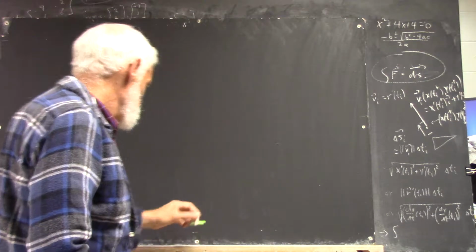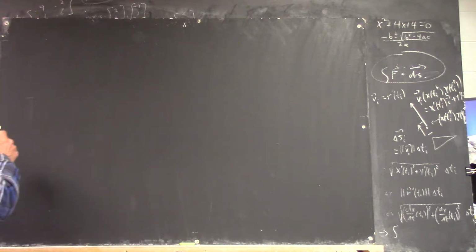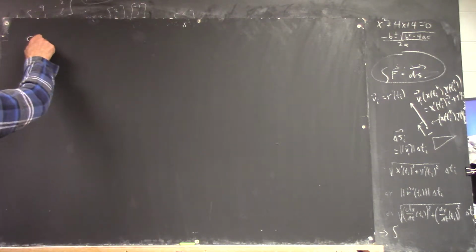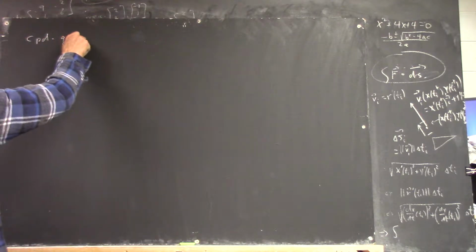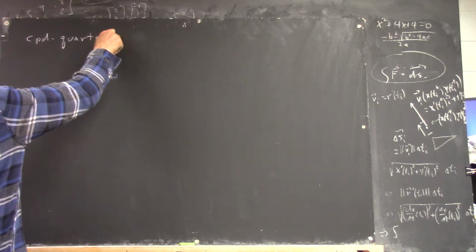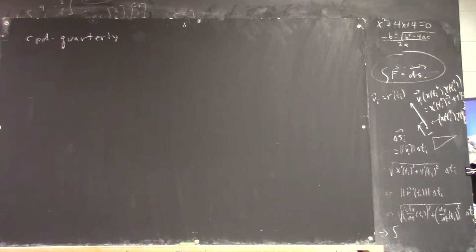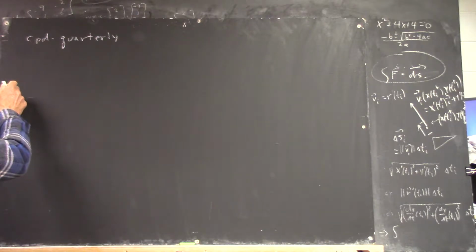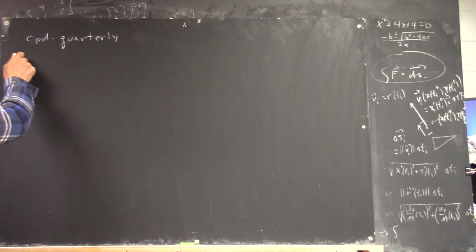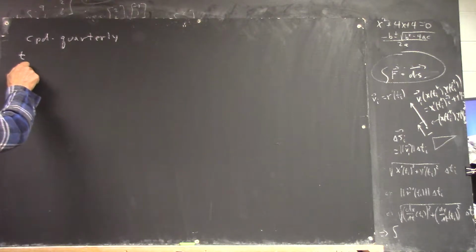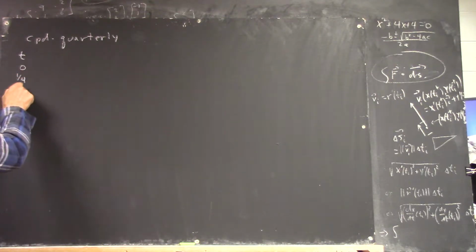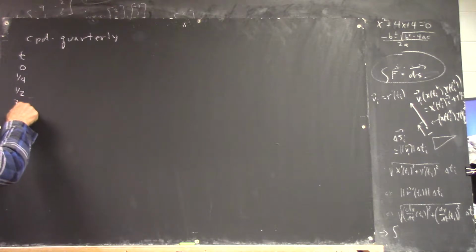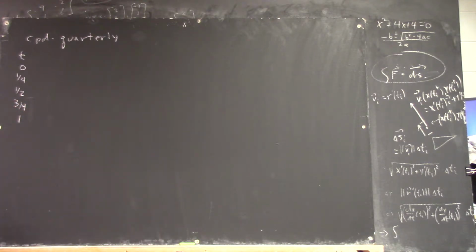So, I'm gonna write this out. T is 0, 1/4, 1/2, 3/4, 1, right? Okay?